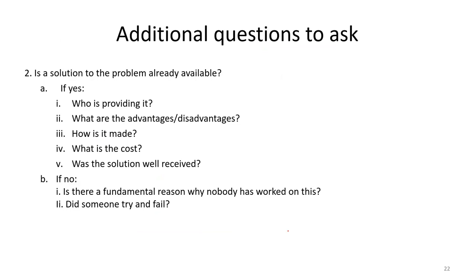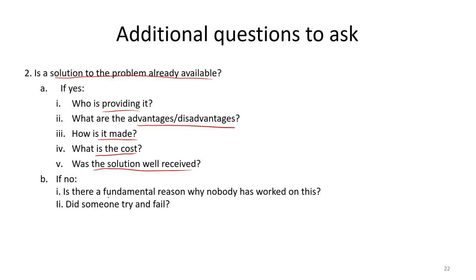So there's some additional questions you want to ask yourself when figuring out what's known about the problem. You also want to look and see, is a solution already available? If yes, who's making it? What are the advantages and disadvantages? How is it made? What is the cost? Was the solution well received? What if a solution is not available?